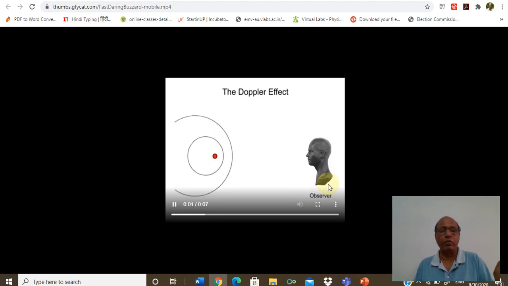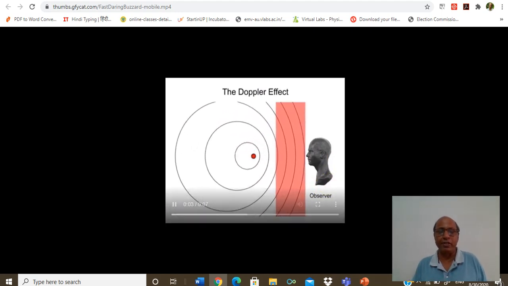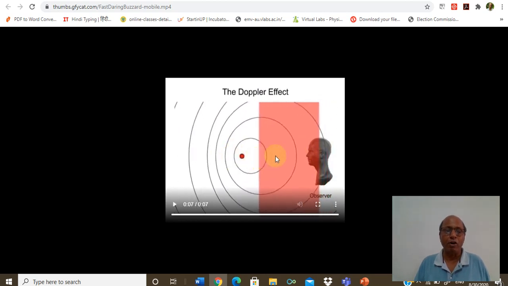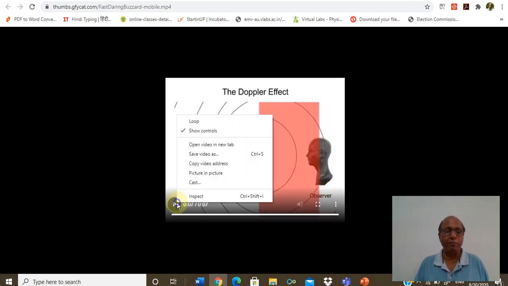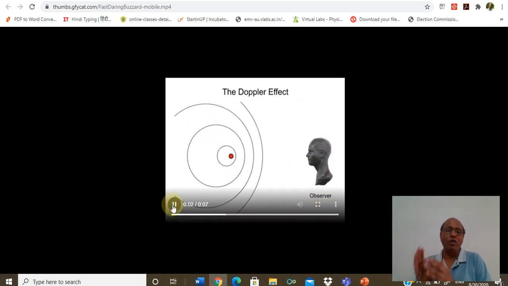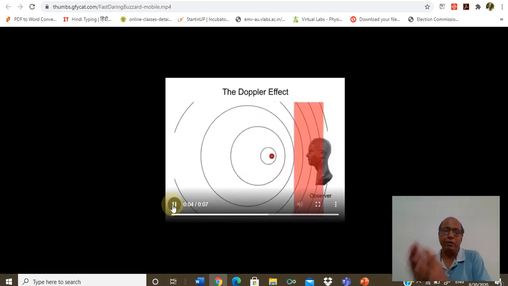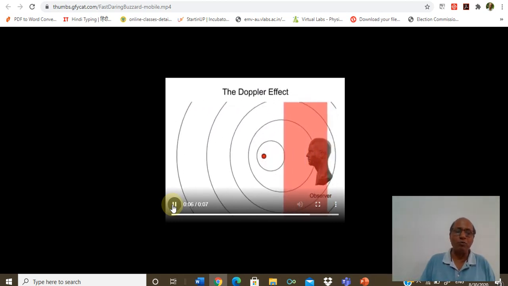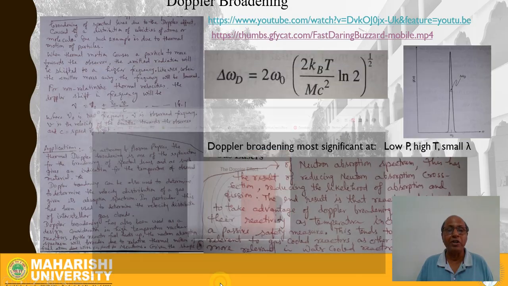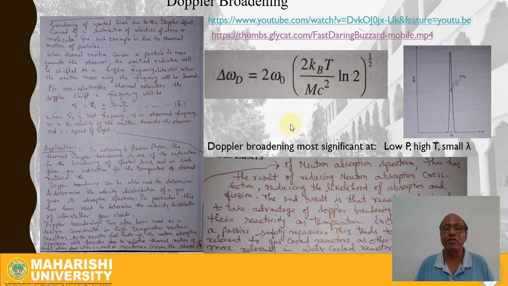When it is coming closer to the observer, the frequency of radiation from this source is increasing, and when this atom is going away from the observer, its frequency of radiation is decreasing. That is what I wanted to share with you.